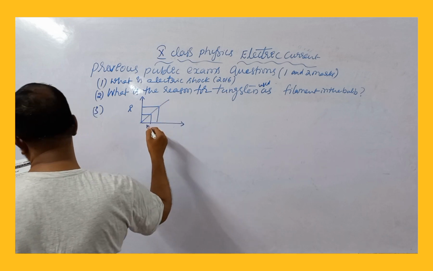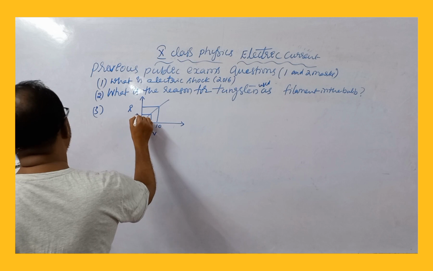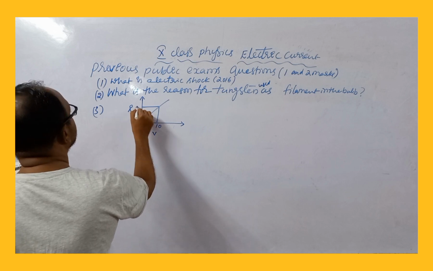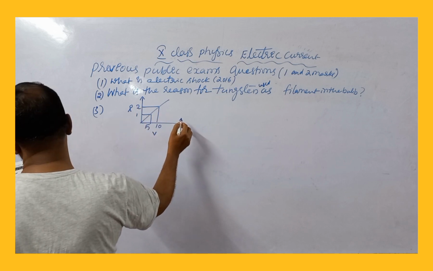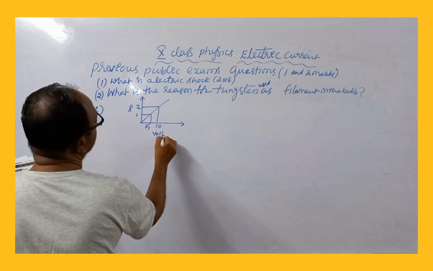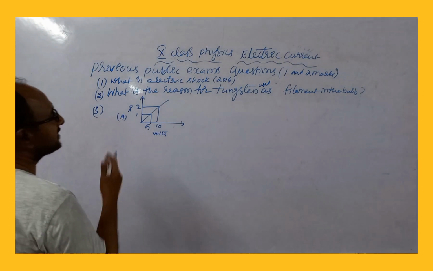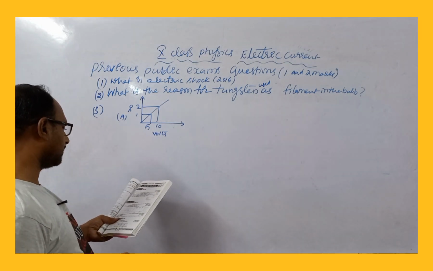Here it is 5 volts, here it is 10 volts, 1 ampere, and this is 2 amperes. So this is in volts and this is in amperes.